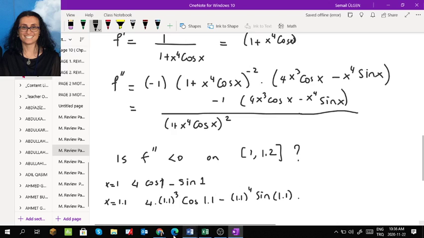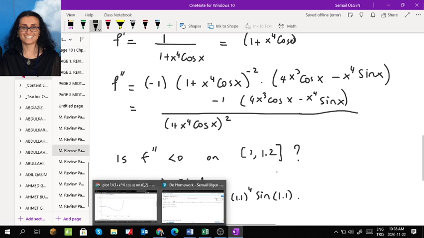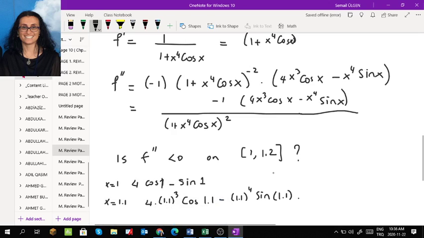I can go to Wolfram Alpha and check it out, or directly draw the graph. It seems this is going to be positive. I checked it out. So this is positive on this interval, this is of course positive, so this is negative.